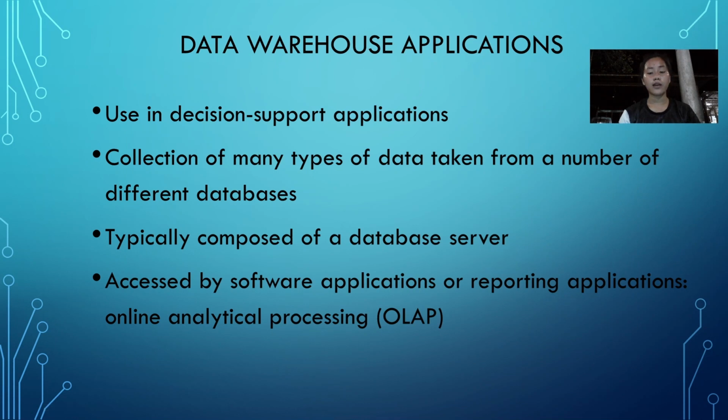Next is the data warehouse application. A data warehouse application is used in decision support applications. It is also a collection of many types of data taken from a number of different databases and typically composed of a database server, and then accessed by software applications or reporting applications in OLAP, which is online analytical processing.